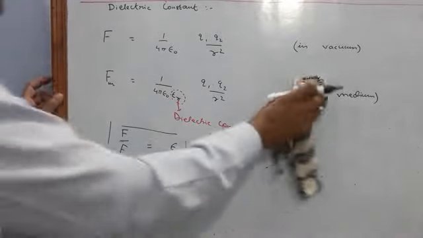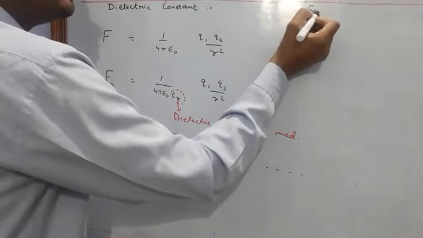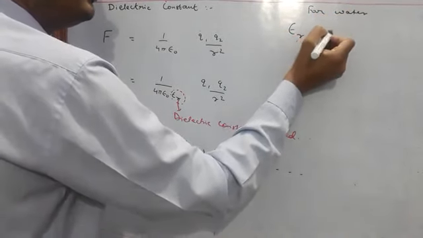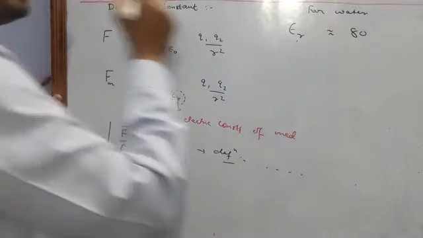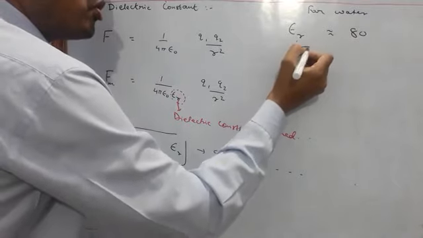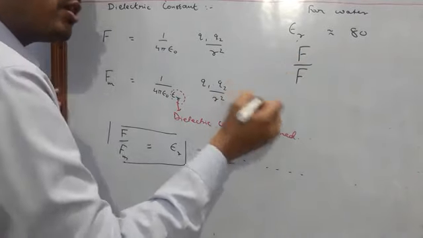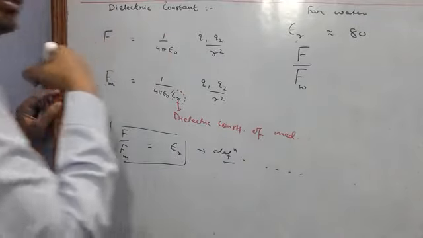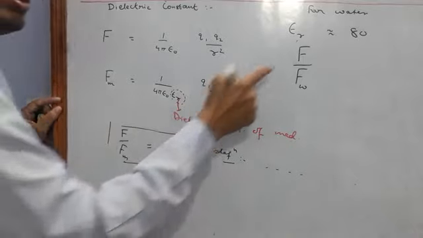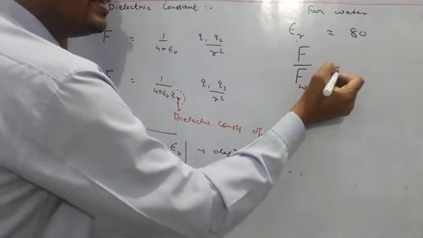For example, for water, epsilon r value is nearly 80. That means this ratio of force between a pair of charges in vacuum to the same pair of charges in water, W for water, epsilon r definition is F by Fm, F by, instead of medium m, I am writing water, that is 80.